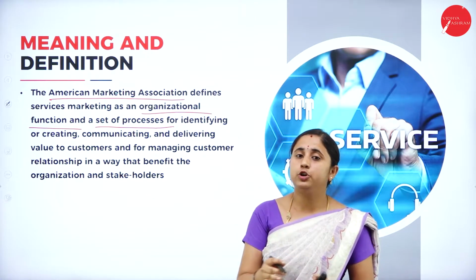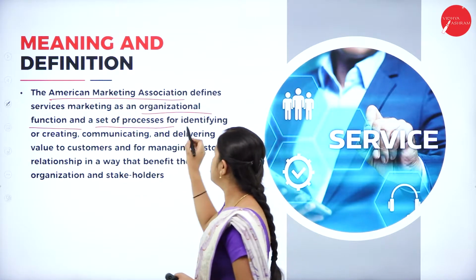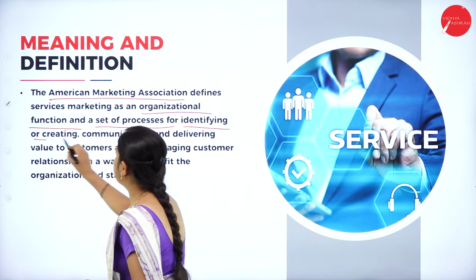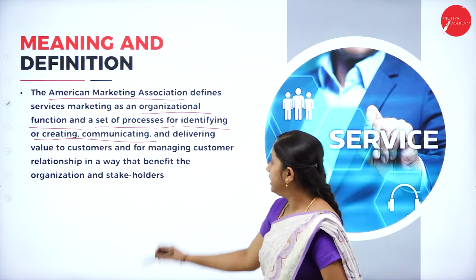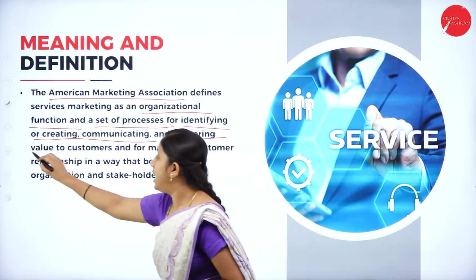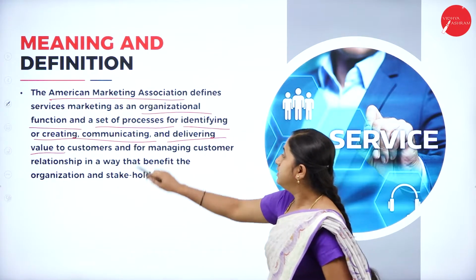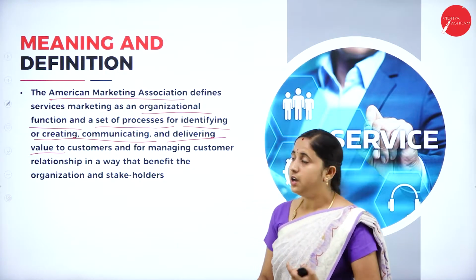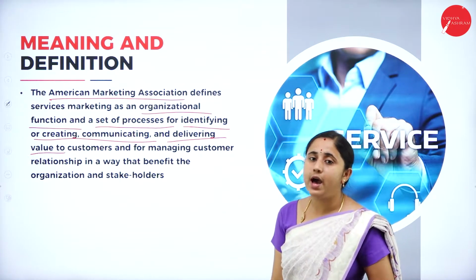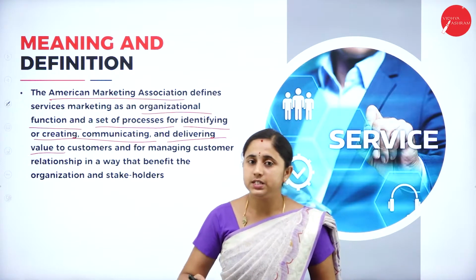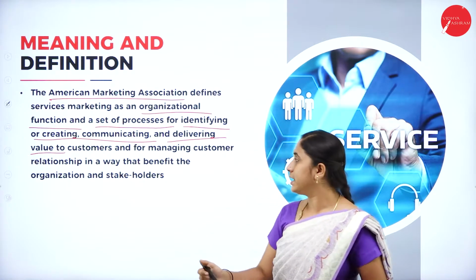So this is the set of processes which includes identifying or creating, communicating and delivering the values. First you need to identify or create, then you need to communicate and deliver the value or deliver the services to the final users or consumers.